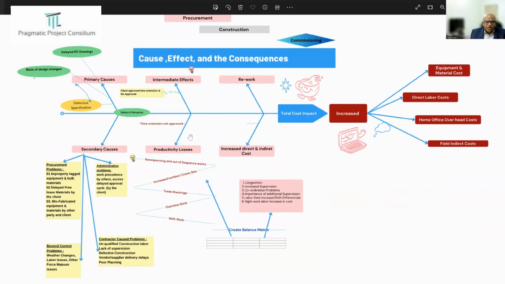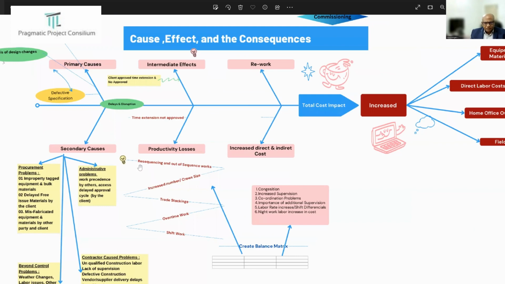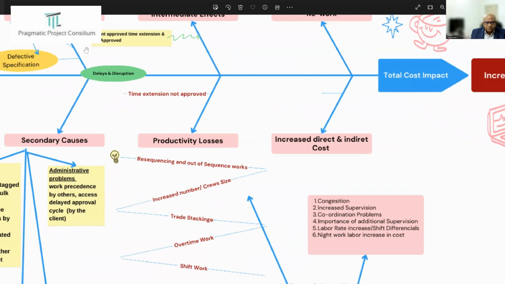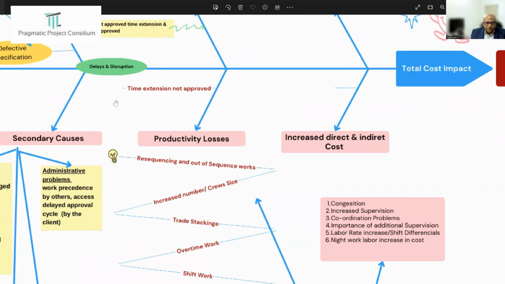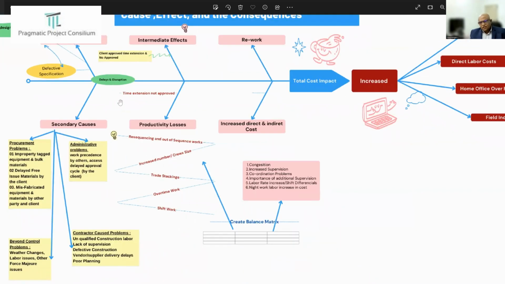Because of these primary and secondary causes, the contractor is forced to go for delay and disruptions. Now, the delay and disruptions the contractor submitted to the client are related to time and cost impact. Sometimes there is a denial from the client.